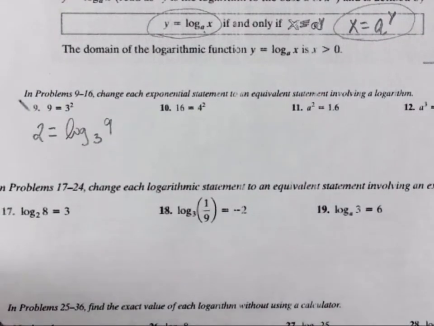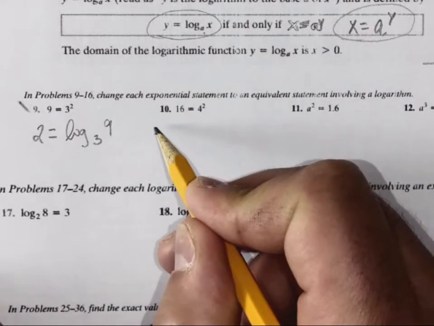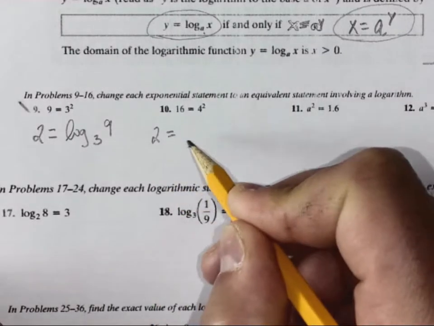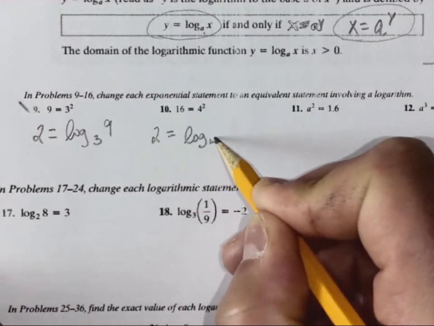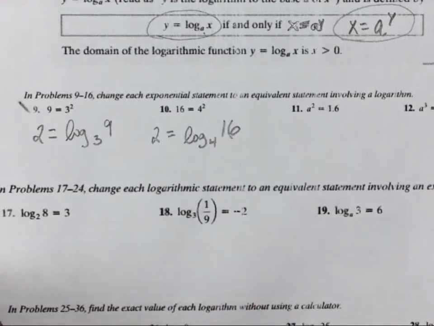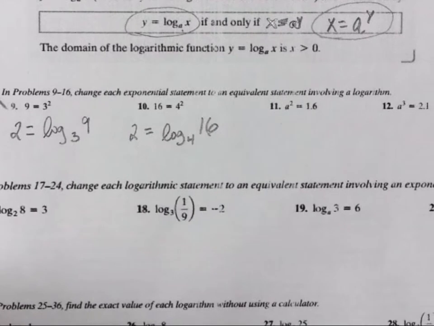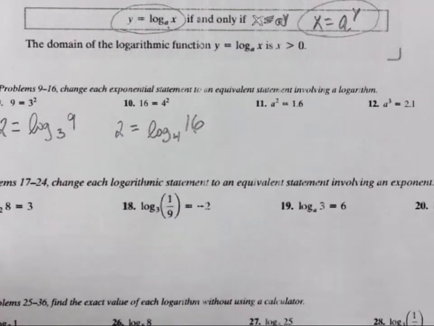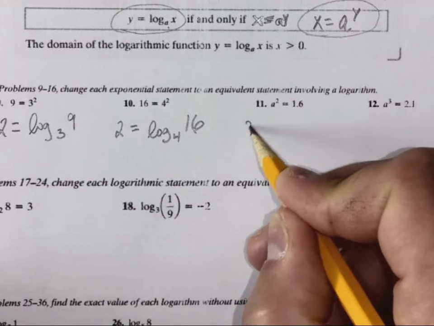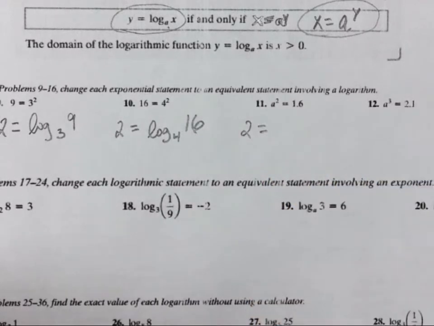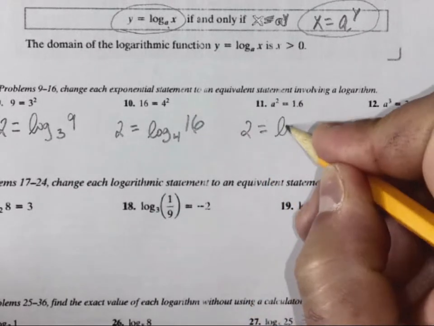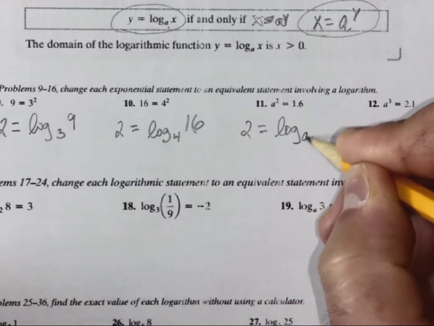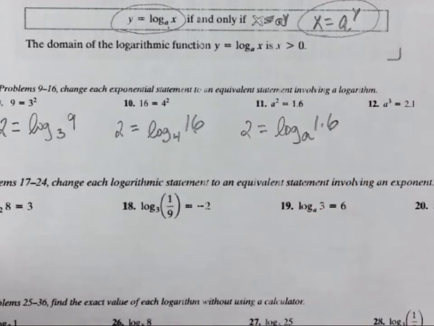Okay. So then over here we would have 2 equals log base 4 of 16. Over here we would have 2 equals log base a of 1.6.